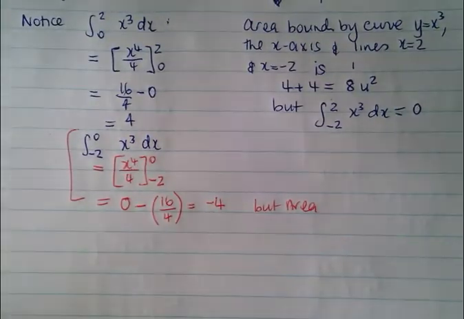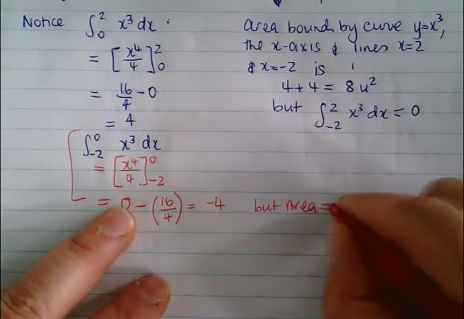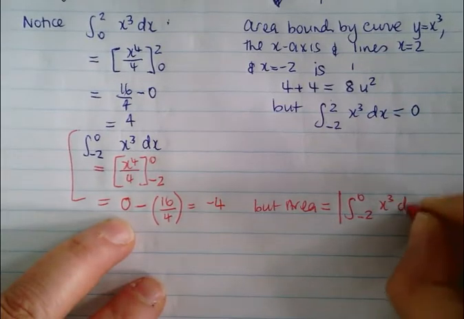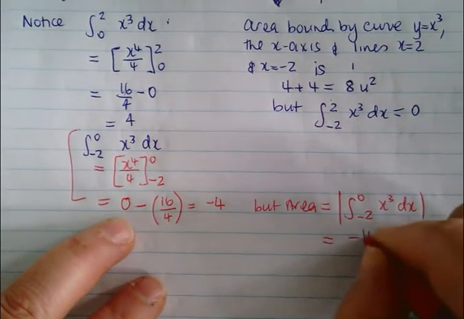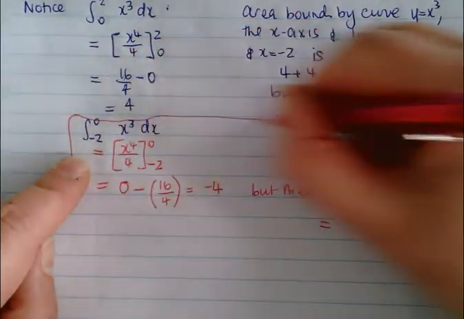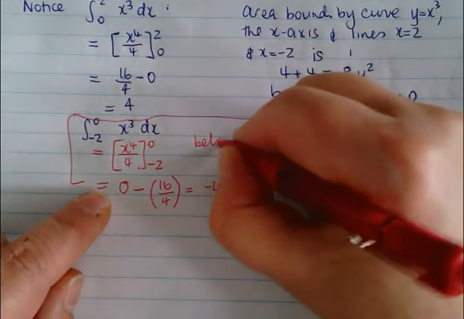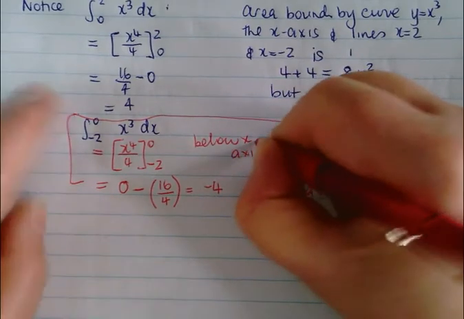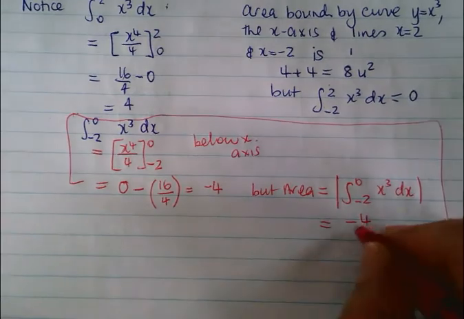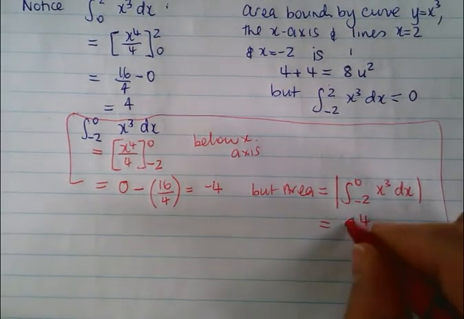So if you notice that a portion is below the x-axis, the area will be the absolute value for this section. Do you get what I've done? Because I know that this bit is below the x-axis, the integral will be negative 4, but the area is the absolute value of that, which is positive 4.